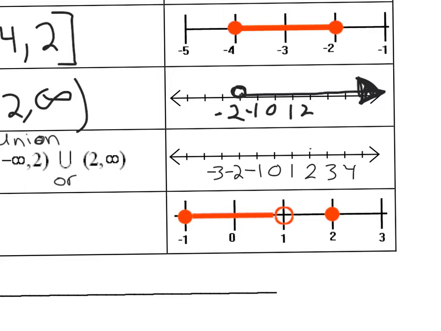That means I'm going to put an open circle, because it's not to be included in this scenario. Now, it says that it goes to negative infinity, so we have our line going to negative infinity. And then it also says, or it can go to positive infinity. So what we see here is it has options. This graph can either go to negative infinity, or it can go to positive infinity.